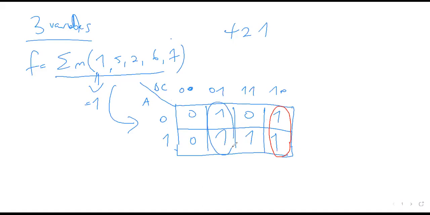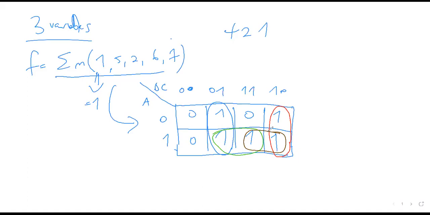Any other groups we can make? We have this one. You have to make all the groups. All the ones should be grouped. We have this one. I think we have one last one there, the one that is to the far right and then the one next to it, bottom right. Voila, we have another group here. So we have four groups.